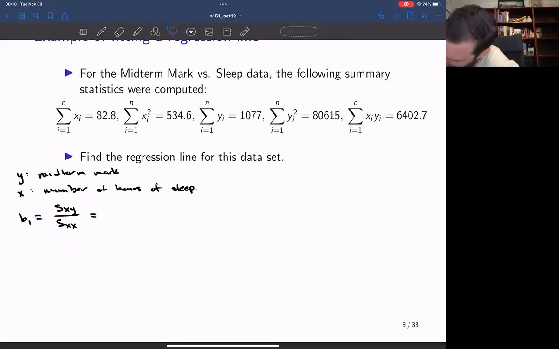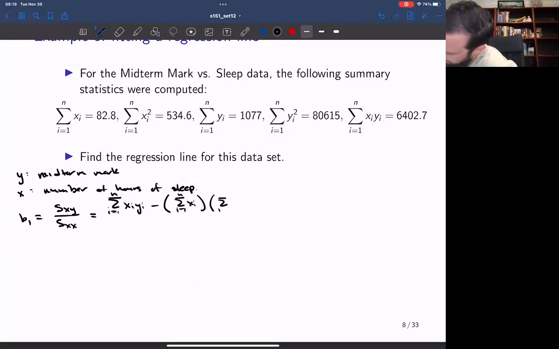Okay. So this is going to be from above, the sum from i equals 1 to n, xi yi, minus the sum from i equals 1 to n, xi, times the sum i equals 1 to n, yi, divided by little n.